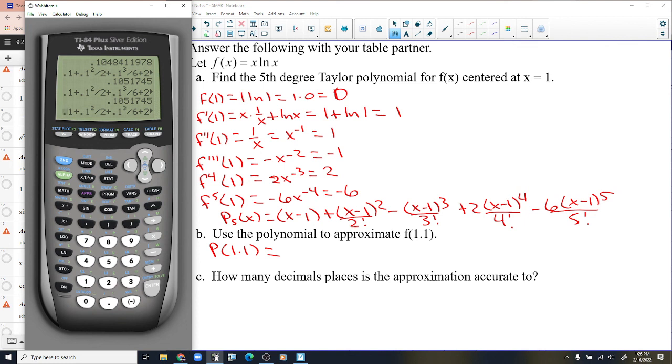So 0.1 plus 0.1 divided by 2 factorial. Plus, oh, is that a minus? That's a minus. And then plus 2, and then minus 6. Should be accurate to 7 decimal places.